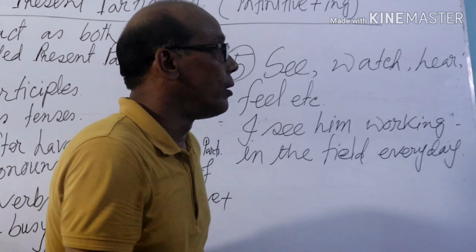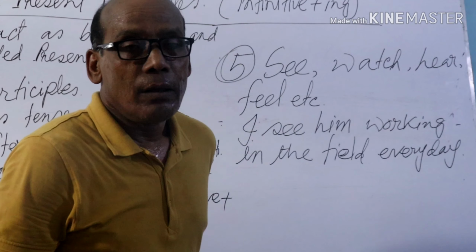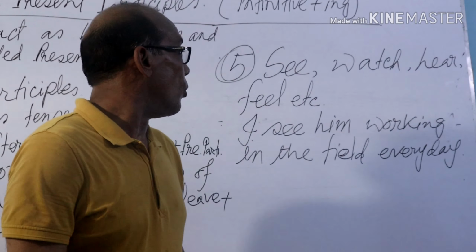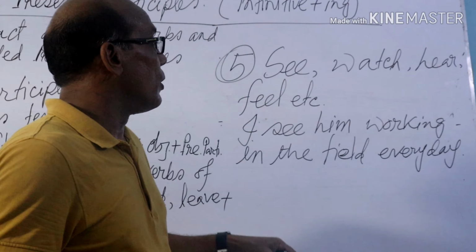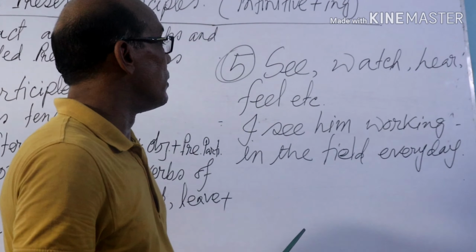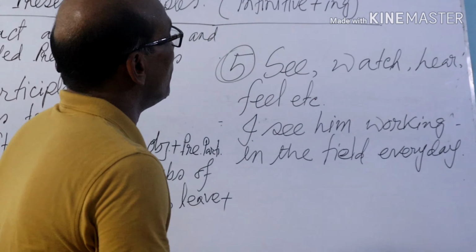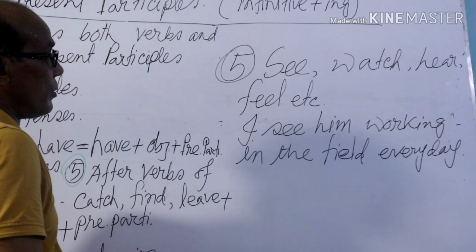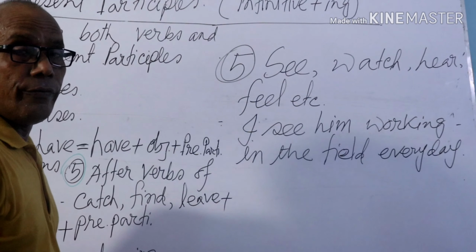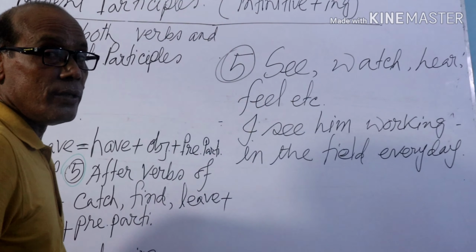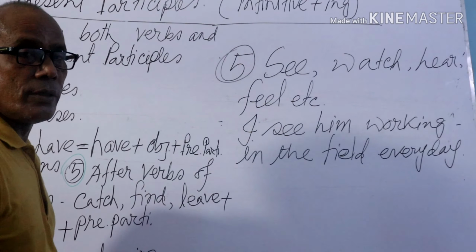I hear my mother reading the Holy Quran every morning. So in this way, we can make sentences with the present participle after see, watch, hear, or feel. That means after these verbs of sensation.